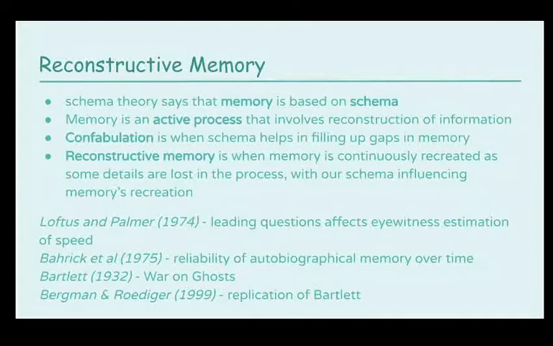Confabulation is when schema, or our common knowledge, starts to help in filling the gaps of memory, reconstructing the memory and continuously recreating it, so some of the details are lost in the process, or some of the details would be modified to fit our common knowledge, with our schema influencing the memory recreation.